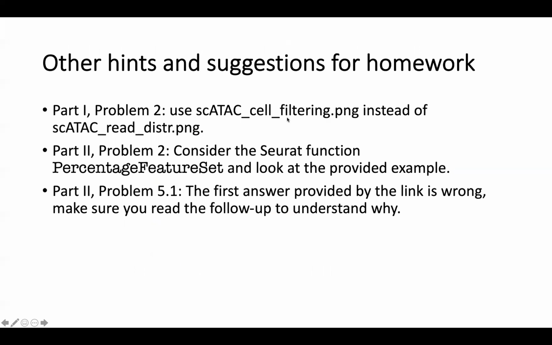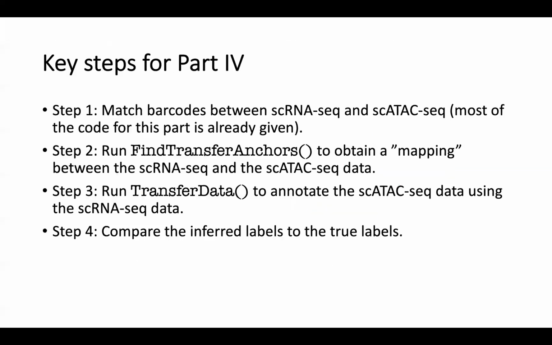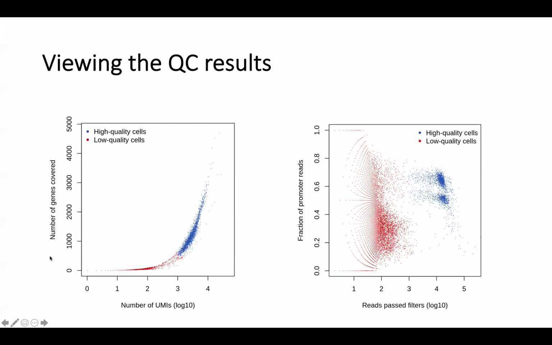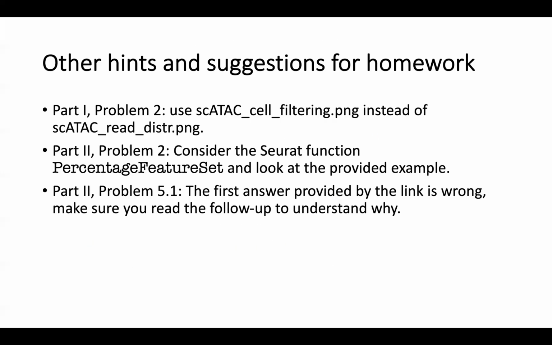We do want the cell filtering plot instead of the read distribution plot. So it should look like this. That's the cell filtering plot. The read distribution plot is a bar graph showing what percentage of reads are uniquely mappable. You shouldn't give that. Instead, give this.